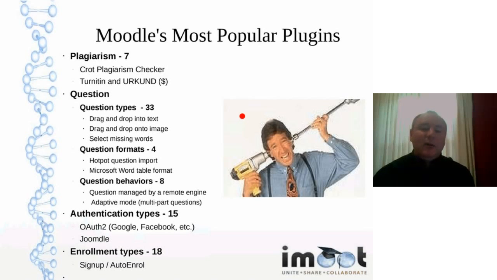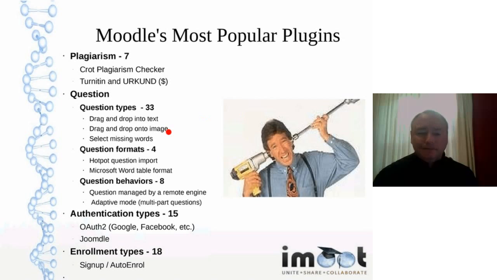The plugin ones are Hotpot Question Import. If you've designed some questions for a quiz using Hotpot, you can easily add those into your question banks. And then the Microsoft Word table format, which I've not used, but it's the second most popular out of the four that are there.